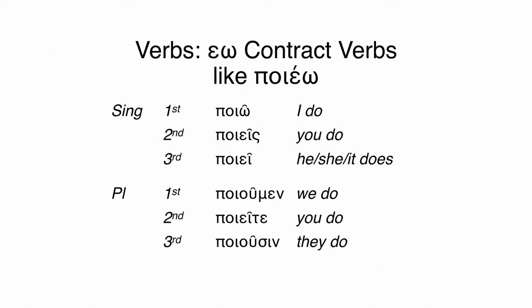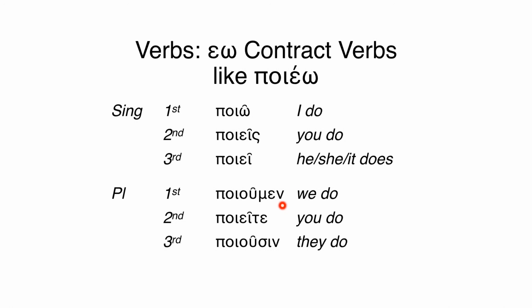So take poio. Well, the regular verb ending for the first person singular is O, it's omega, like luo. When the O is combined with the epsilon stem, the epsilon disappears. We still know that there's a contraction, however, because of the circumflex accent over the omega. On the other hand, let's find a good example.